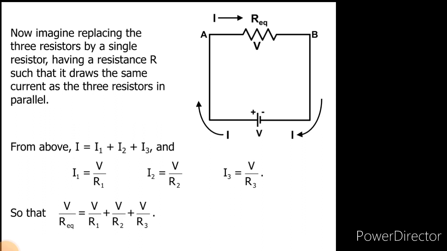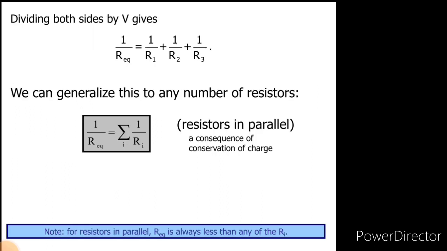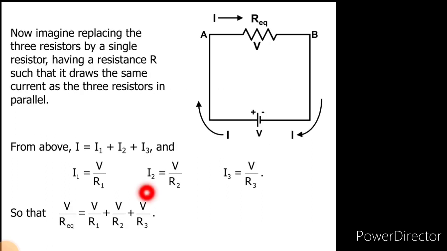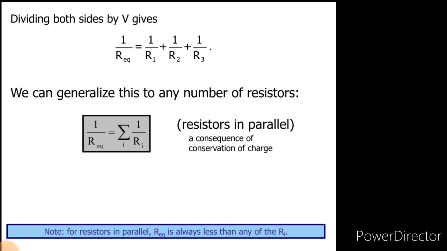So we have V over R equivalent equals V over R1, V over R2, and V over R3. Okay? So, since voltage is the same sa lahat ng yan, we can divide each one by V at ang maiwan sa atin is this one.